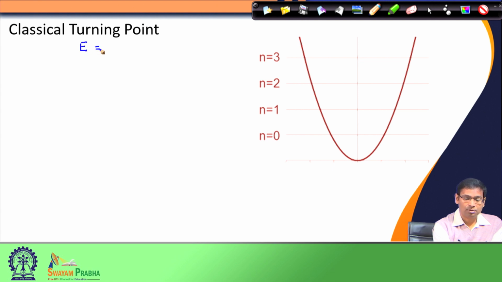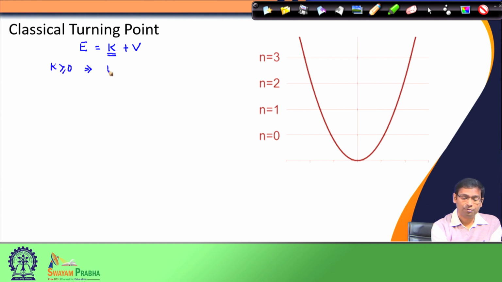To write this down, we saw that for a classical harmonic oscillator, we had this relation. The total energy is equal to the sum of kinetic energy and potential energy. Since the kinetic energy is always a positive quantity, it is greater than or equal to 0.